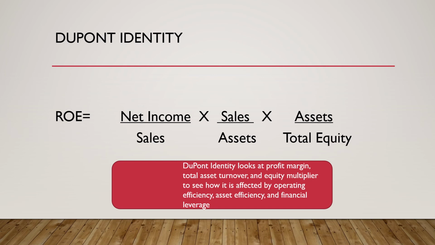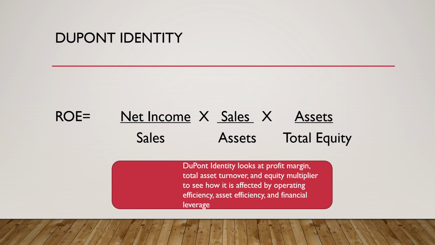The first, the profit margin, looks at how efficiently the company is operating. The second, sales divided by assets, is our total asset turnover, which looks at the asset efficiency portion. The third, assets divided by total equity, the equity multiplier, looks at any financial leverage.